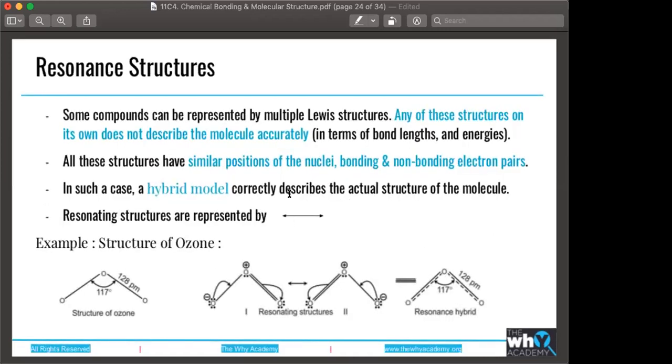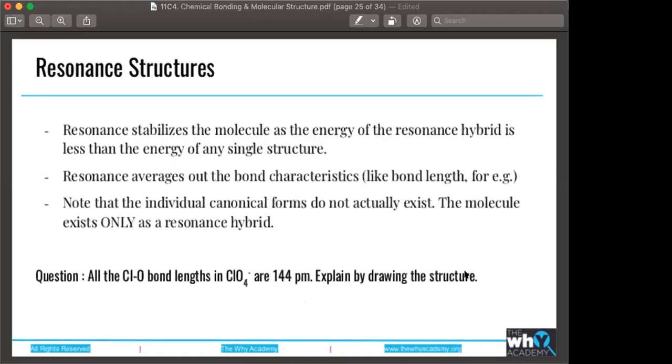It's not like if you measure at 10:10 a.m. you will find this, and if you measure at 10:12 a.m. you'll find that. There's nothing like that. Anytime you see, you will see only a resonance hybrid, with electrons just delocalized here and there. Okay. So individual forms do not exist. In reality, the molecule exists only as the resonance hybrid.